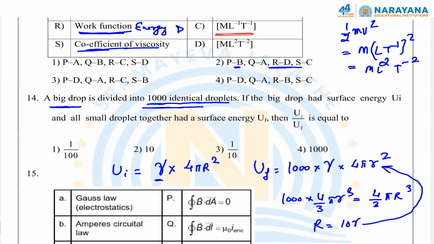We'll get the answer. Answer will be option 3, 1 by 10. So Uf finally will be 10 times basically, because when I put r as R by 10, this value becomes 10 times the initial value. So therefore this ratio will come out to be 1 by 10.